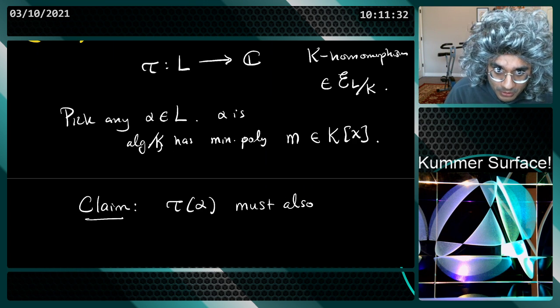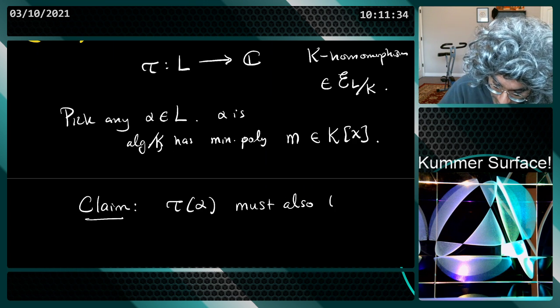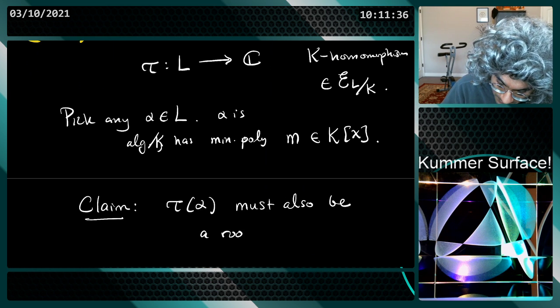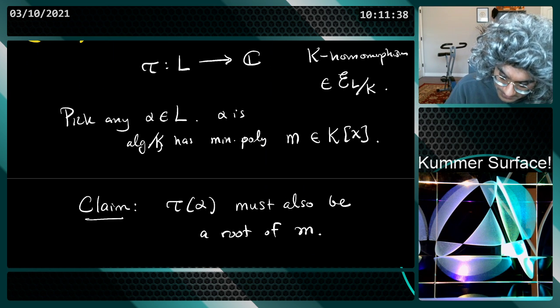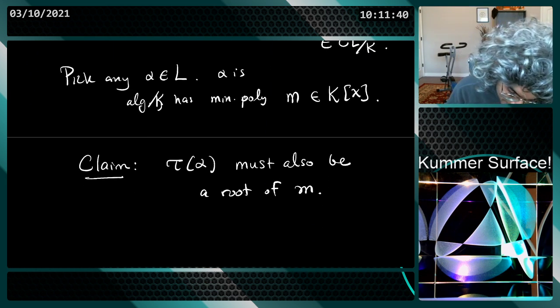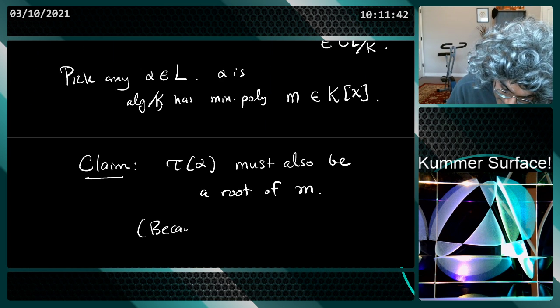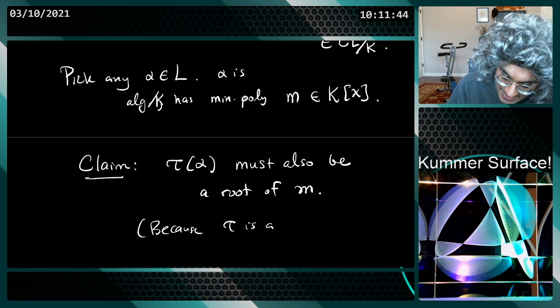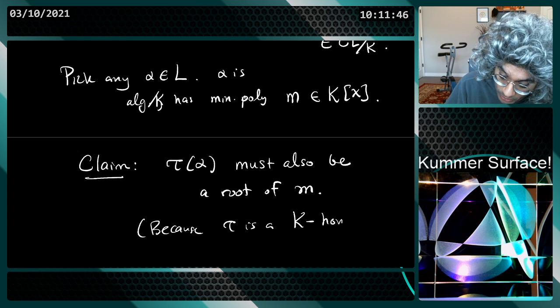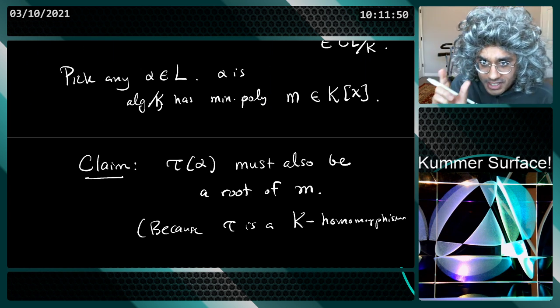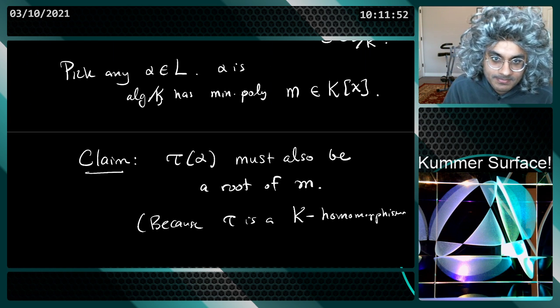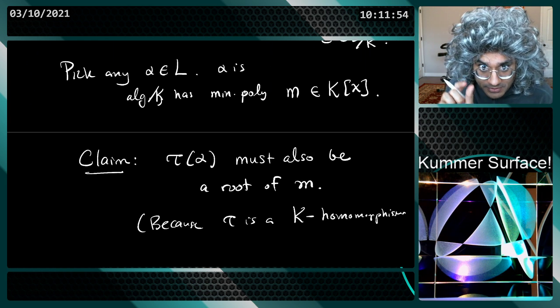It's the same exact proof. Tau of alpha must also be a root of M. Why? Because tau is a K homomorphism of fields, not a random map, but it respects addition and product, and it fixes elements of K.